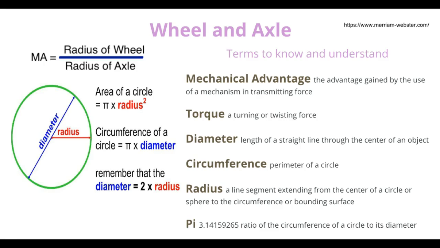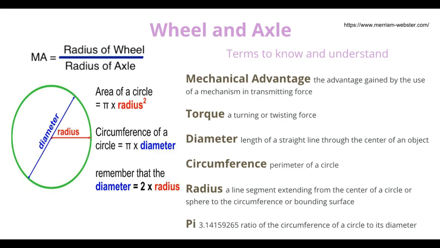And if you don't have the radius, this is where it comes into play, understanding our diameter and circumference, because we can use our algebraic terms and work backwards so that we can identify our radius. And we're going to use this for both. So if you want to find a mechanical advantage, you're going to have to find the radius of your wheel, and you're going to have to find the radius of your axle.